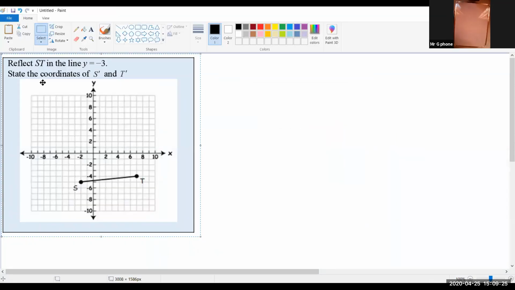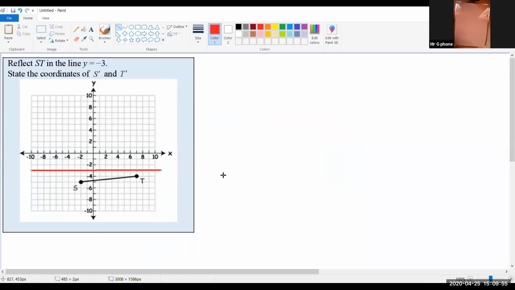We are asked to reflect the line y is equal to -3. So we have to locate -3, that's right here. So let's draw a line, the mirror line. Everybody's seeing it there, right? Between -4 and -2 is -3.